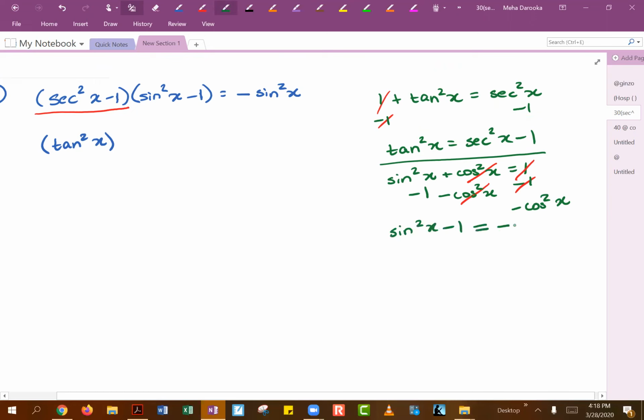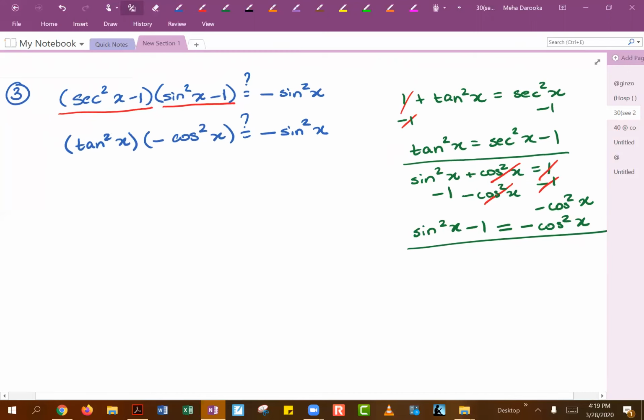On the right-hand side you are left with minus cosine squared of x. So that's where this substitution will happen. So instead of sine squared of x minus 1, you're going to replace that with negative cosine squared of x. And again, we are trying to show if it can equal negative sine squared of x.